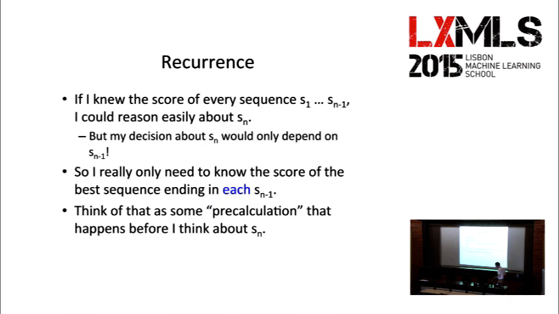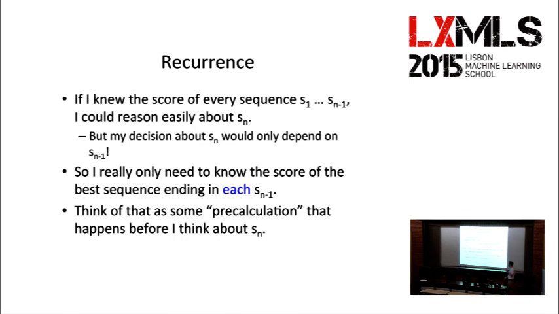So for each state that I could have at n-1, what I need is the score of the best sequence that ends in that Sn-1. I really only have to have a number-of-states values to look at and consider.